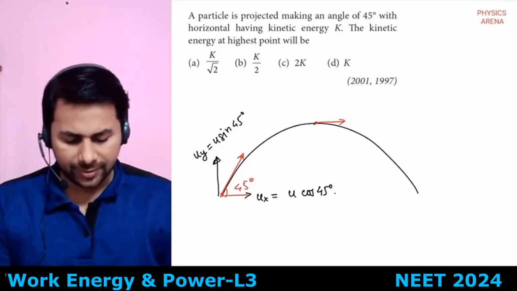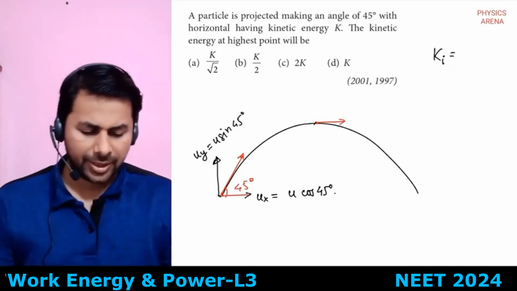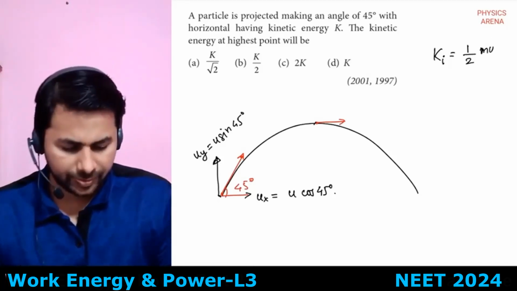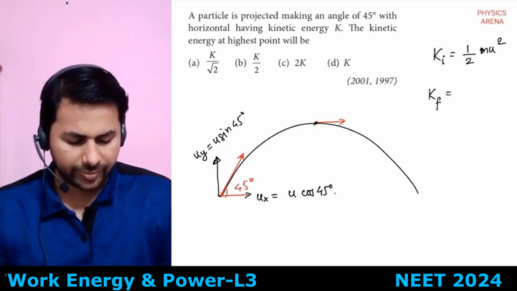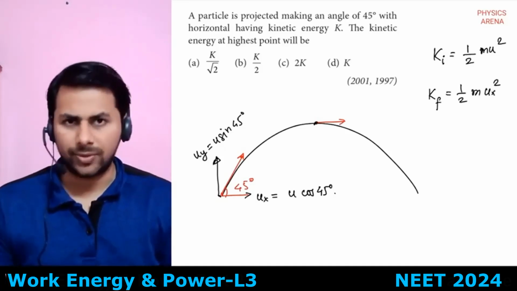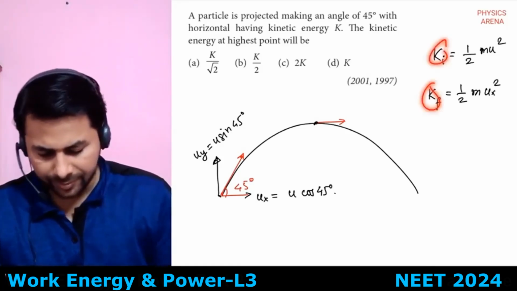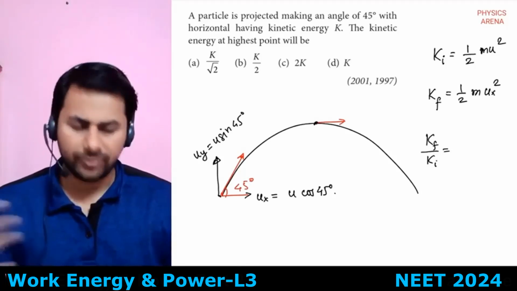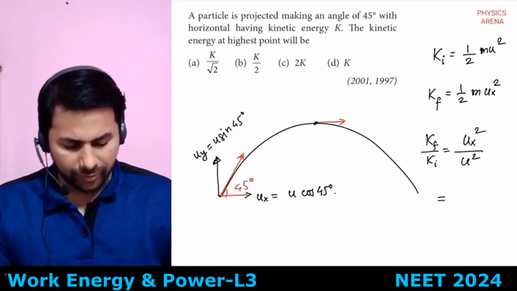So initially the kinetic energy, let's call it ki, I for initial, is half m u square. And the kinetic energy at this height, let's call it kf, f for final, is half m ux square because there is no uy. Then we can divide kf by ki. Half m will get cancelled, leaving ux square upon u square. And what is ux?